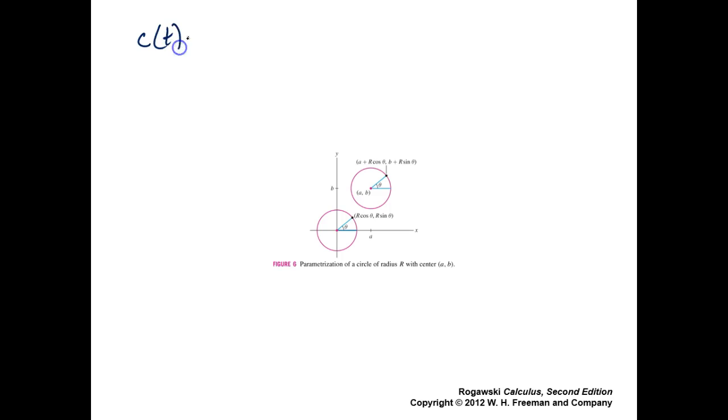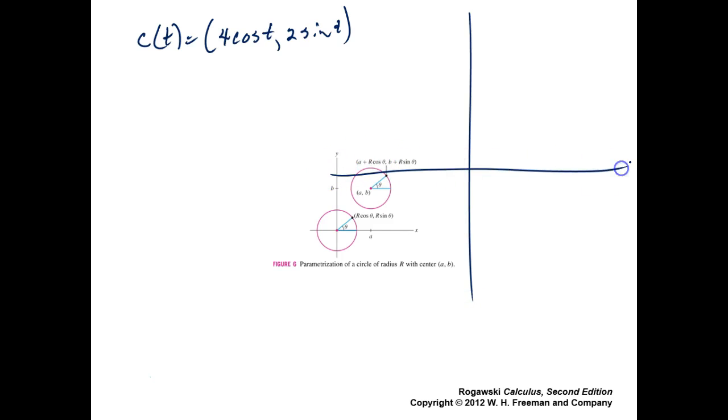C of t is equal to 4 cosine t, comma, 2 sine t. Okay.